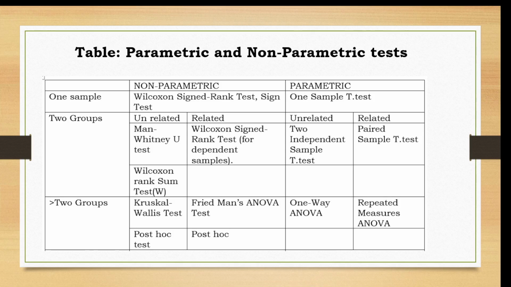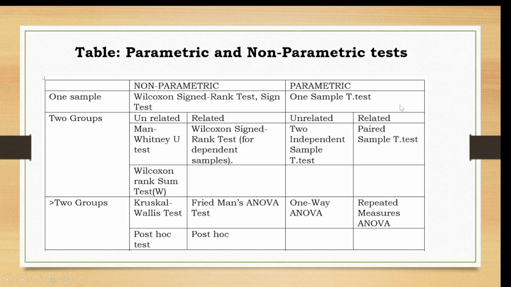This table here indicates or gives a detail of the non-parametric and the parametric tests. For example, when you are dealing with one sample, the non-parametric test for one sample is the Wilcoxon sign rank test, or it is known as the sign test, and its counterpart, the parametric test, is the one sample t-test.